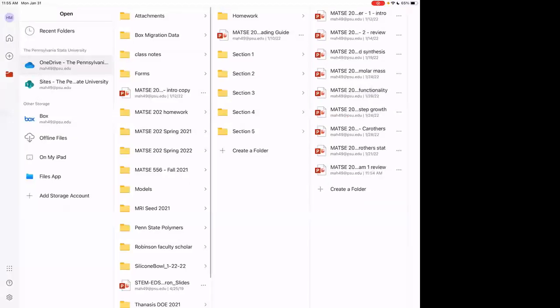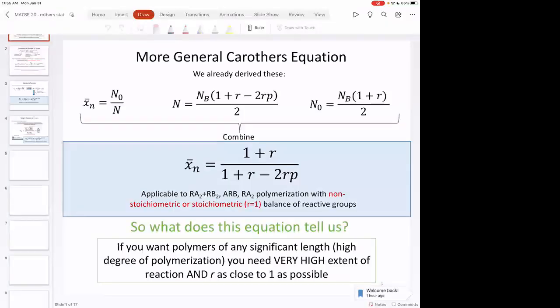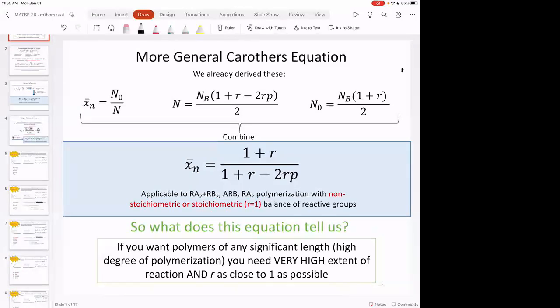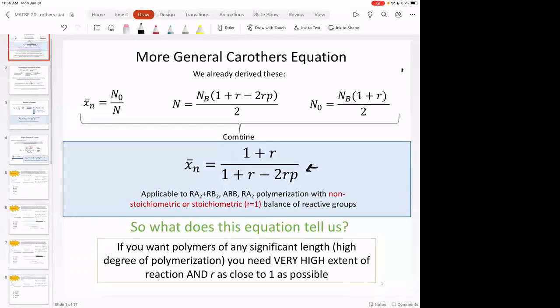All right, we are going right to the end because we could talk about statistical theory of Carruthers, which is really interesting. So this is called the generalized Carruthers equation, right? We're not talking about statistics in this one at all.